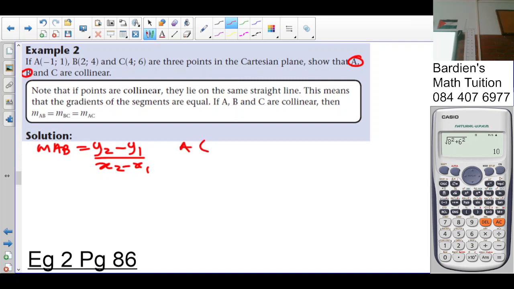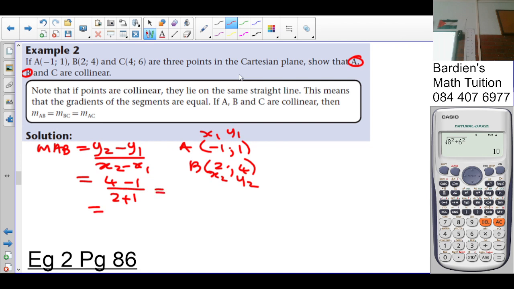A is negative 1 and 1, B is 2 and 4. That is x1, y1, x2, y2. It's going to be 4 minus 1 over 2 minus negative 1. So that simply gives us 3 over 3, which is 1. You all okay with that?